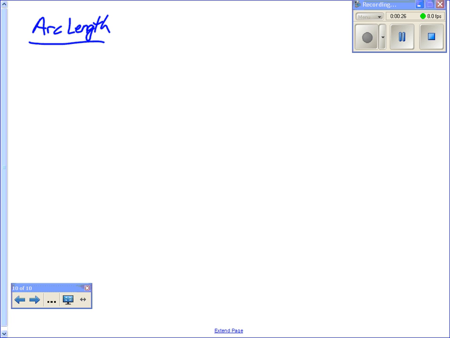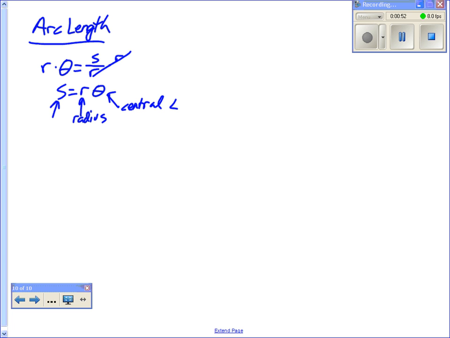If you remember, when I introduced 1 radian, we had our central angle equal to S over R, and I actually prefer to write this as S equals R theta, where R is your radius, there's your central angle theta, and S is your arc length. Oops, I forgot to write that. This is your arc length. R is your radius, and you have your central angle, right?